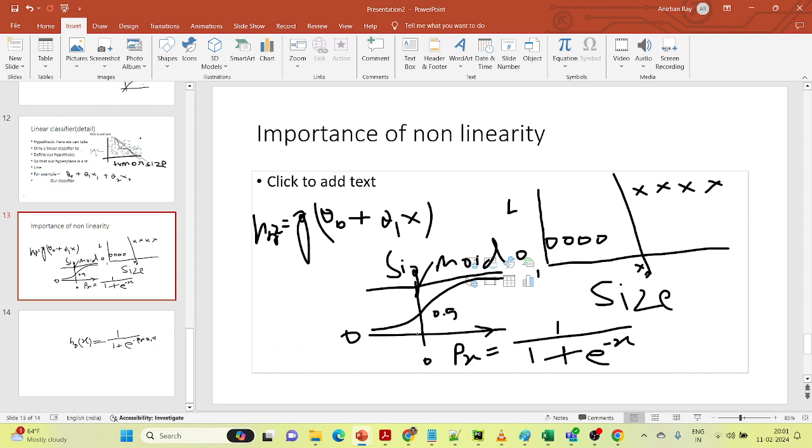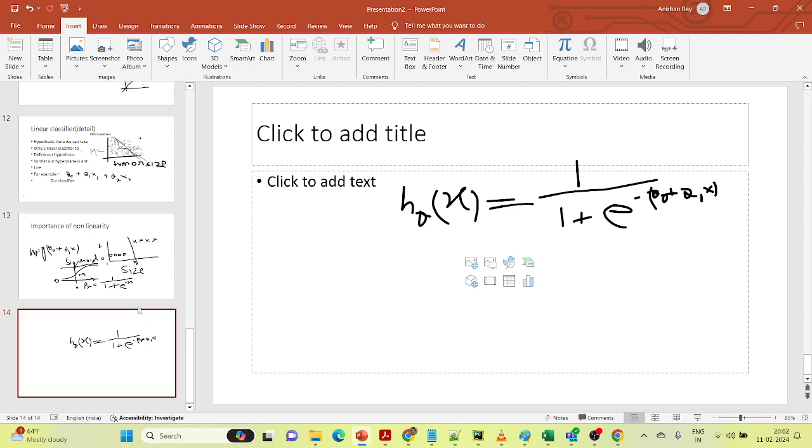If the x value reduces, then we get towards 0, so there is no tumor. The benefit of this sigmoid function is that it is differentiable, and we can use it for gradient descent.